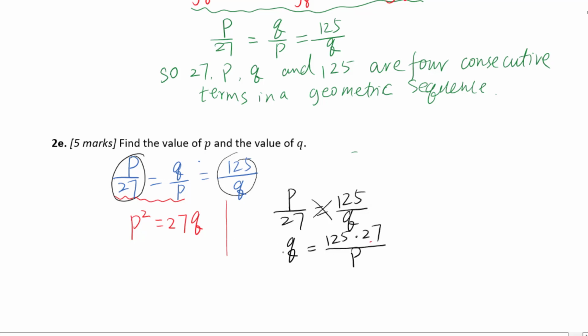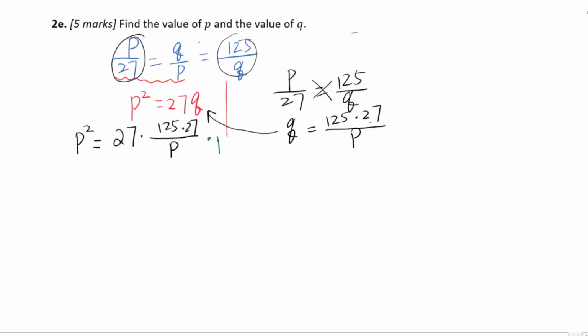Then I plug q equals 125 times 27 over p into this equation. We will get p squared equals 27 times 125 times 27 over p. Then we multiply by p on both sides. We will get p to the third power equals 27 times 125 times 27.